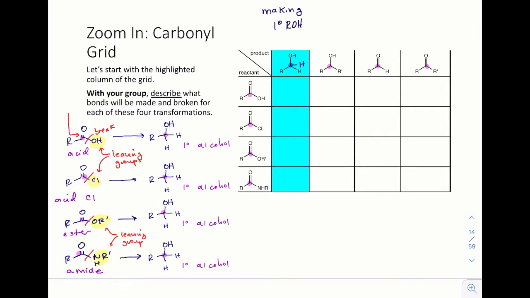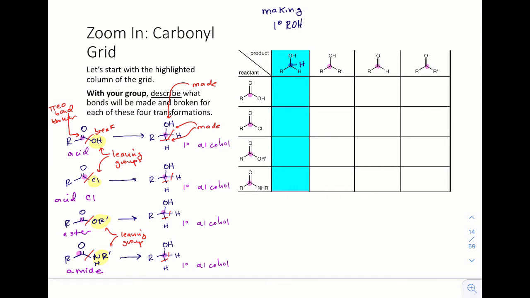We can see in each case the carbonyl bond, the pi C-O bond is broken, but the sigma bond is retained. You can see the bonds are made in the product between two hydrides and the carbonyl carbon. And then a little bit more boring, there's the O-H bond that's made, and that will happen in a proton transfer step.